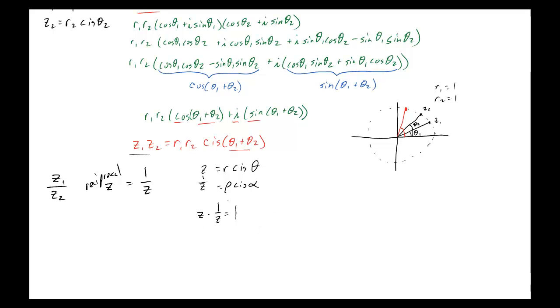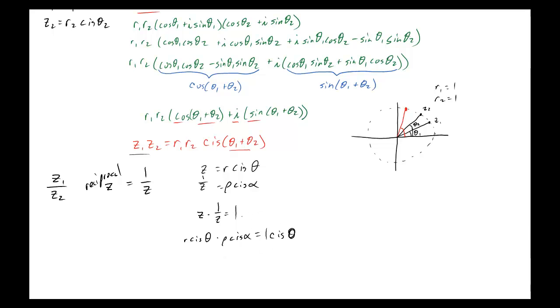So we're going to say that R cis theta times rho cis alpha equals 1. And we need the argument part, so we need the cis 0, because there's no angle for this one.